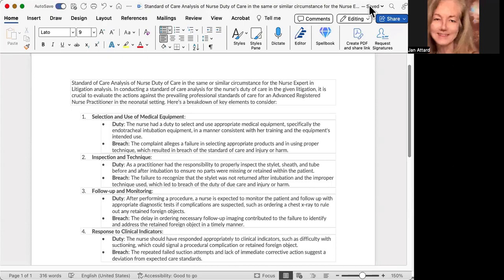I'm going to speak today to the standard of care. Because I've been a nurse for 40 years and I'm primarily an expert of OB nursing, we're going to talk as if we are in front of a group of attorneys dealing with a case involving a mom and a baby, the kind of case that involves a very high duty of care of the nurse, a very high duty of care of the doctors.